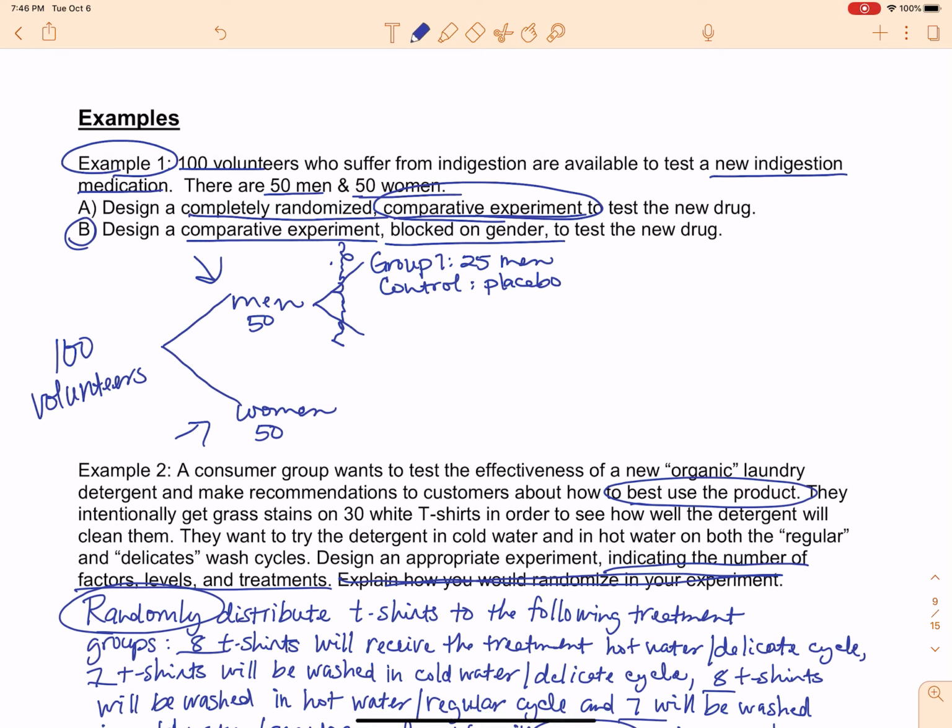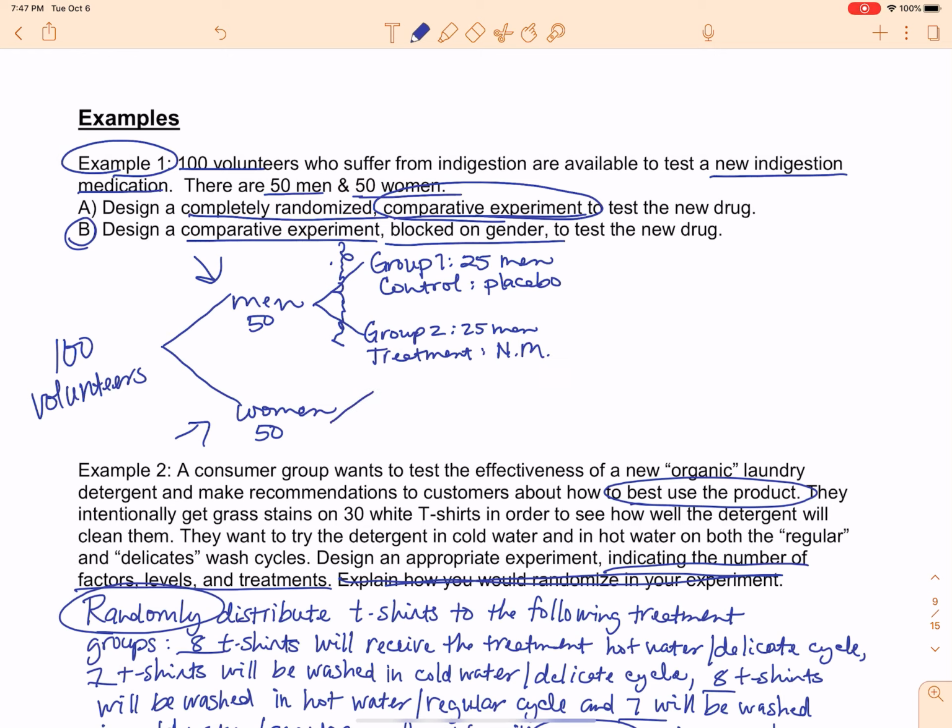It doesn't have to be a placebo, it could be an old indigestion medication, but since I'm not given any information about that, I'll just say placebo. Group 2 is the other 25 men, my treatment group, and they receive the new medication.